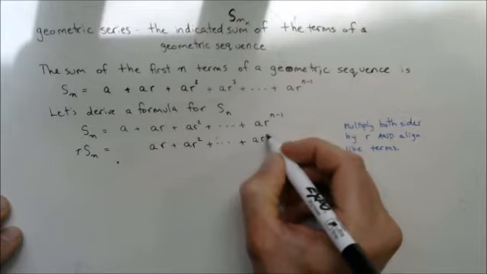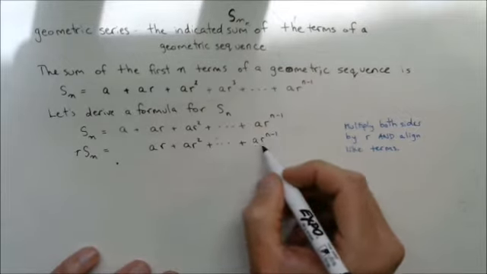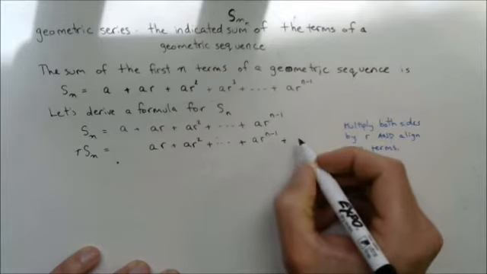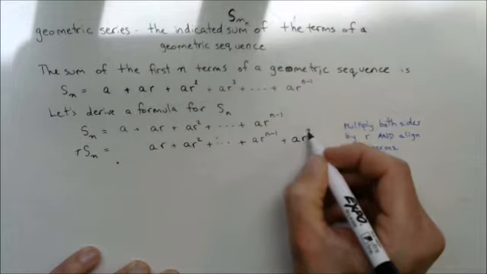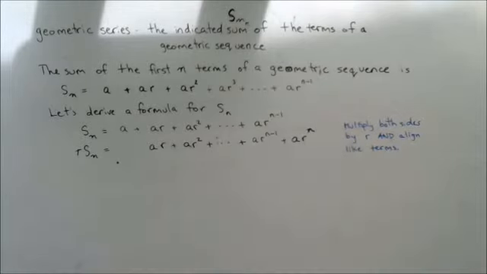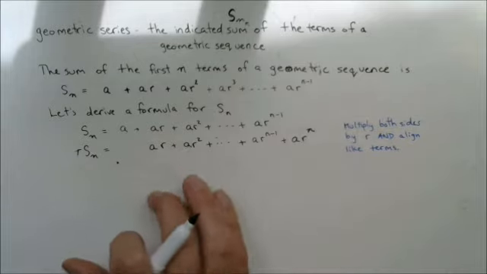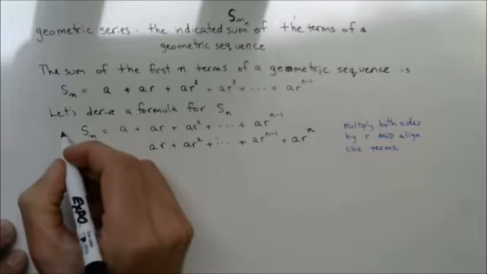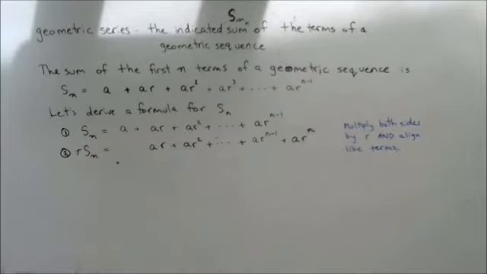As I get to the end of the formula, I have ar to the n minus 2, but I've multiplied it by r, so I have ar to the n minus 1. And then I have ar to the n minus 1, and I'm going to multiply that by another r, and I'm just going to end up with ar to the power of n. Okay, so each term on the right side and each term on the left side has been multiplied by r, and then we lined up like terms. Now what we're going to do is take equation 1 and subtract it from equation 2. Okay?